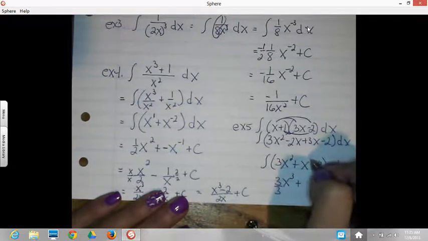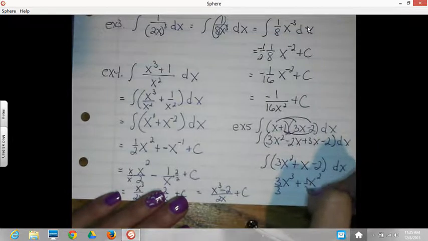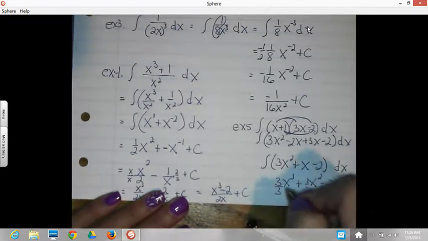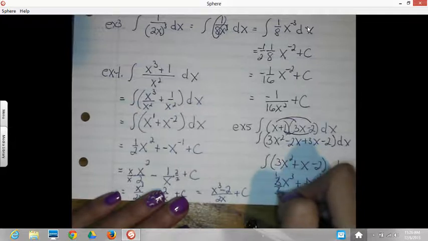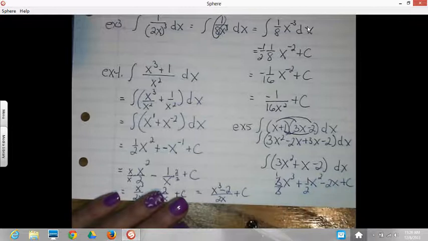Adding 1 here, I get x squared, times the reciprocal is a half. Minus 2x plus 1, and then the plus 1 plus c, and my only simplifying is right here. I need a 1. Cancel those out. So x cubed plus 1/2 x squared minus 2x plus c.